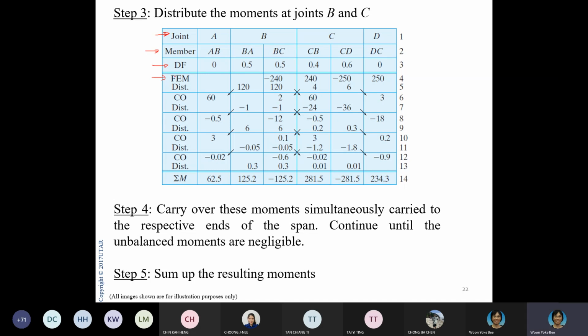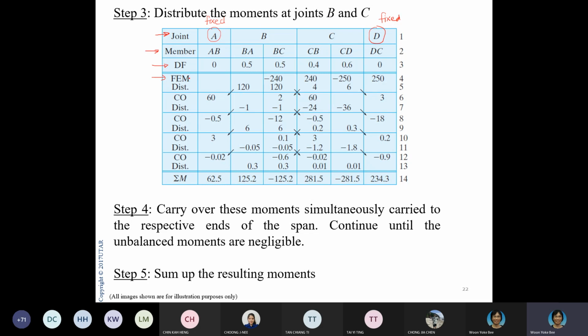Once you do that, you release your joints one by one or simultaneously. In this case, we release simultaneously. We don't release A because it is fixed, so we don't touch it. We don't release D, also because it is fixed. We are going to release only joints B and C.